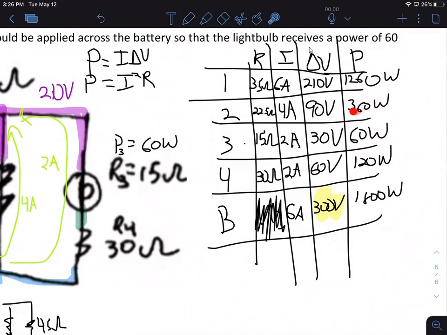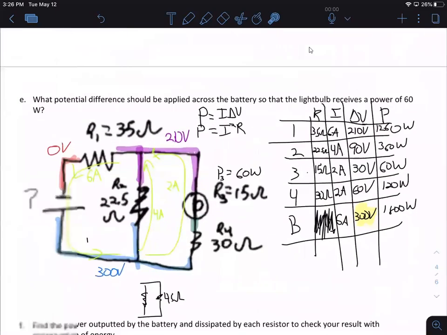1260 plus 360 is 1620. 1620 plus 60 is 1680. 1680 plus 120. 17 plus 100 is 1800. Great. Energy was conserved.